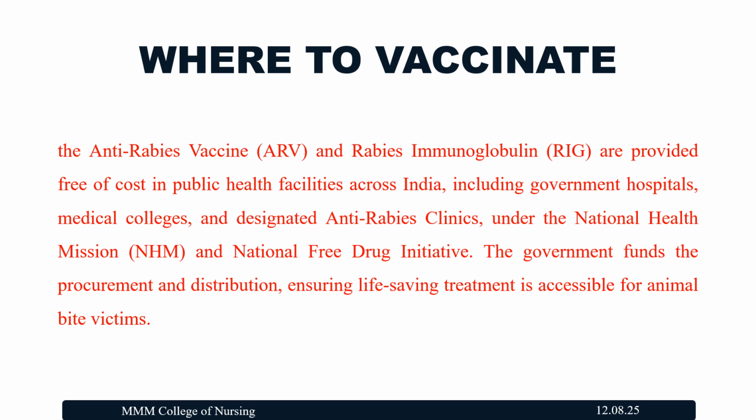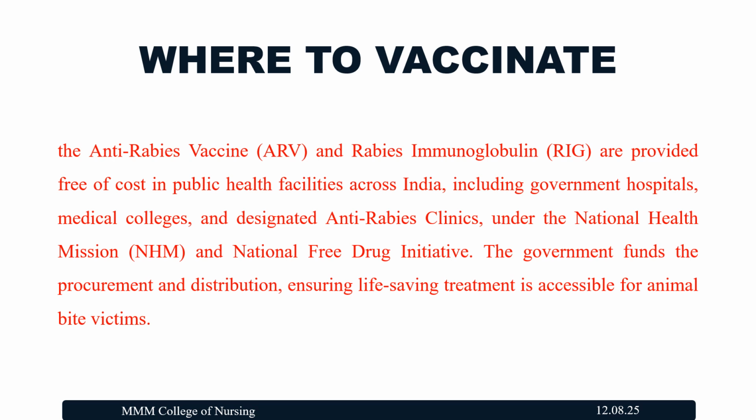The anti-rabies vaccines and rabies immunoglobulin are provided free of cost in public health facilities across India, including government hospitals, medical colleges, and designated anti-rabies clinics under the National Health Mission and National Free Drug Initiative Program.